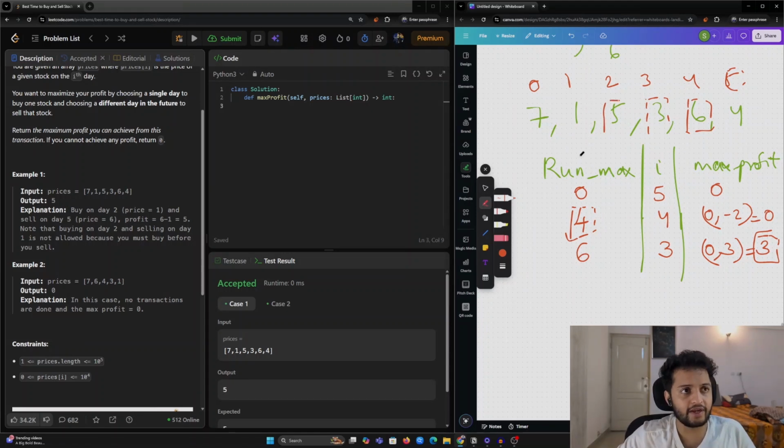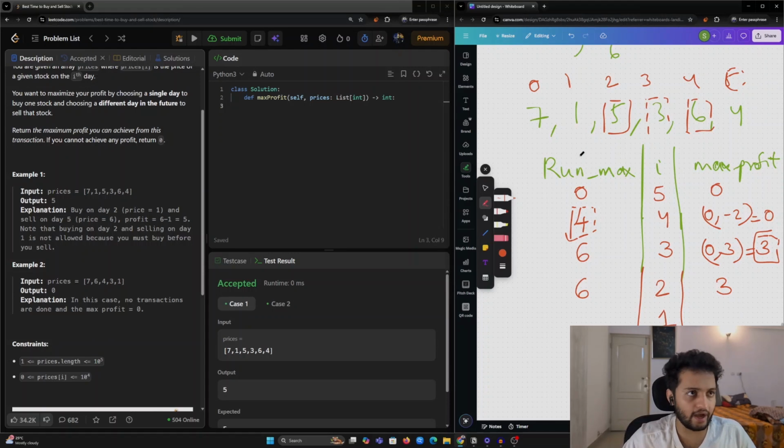Then we move to index 2. We see that the running max is still 6 and we are at position 2. Now we will calculate the maximum profit again. So the profit here is 6 minus 5, which is 1. So the maximum profit remains 3 because max of 3, 1 is 3, right?